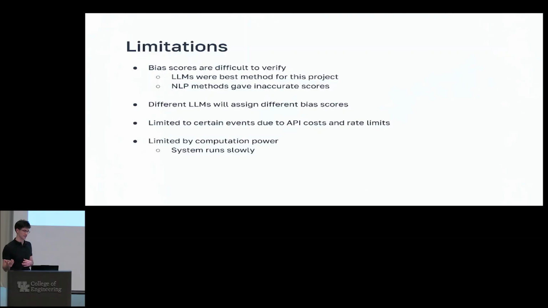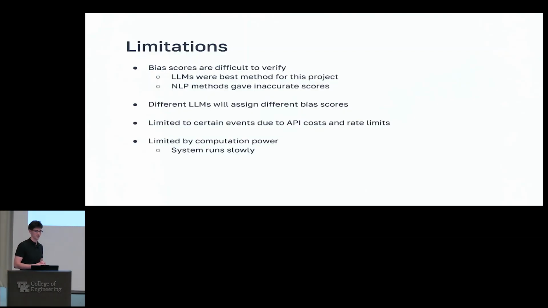If I'm using one LLM, with that specific system prompt and those articles, giving it the exact same task, that's consistent, but if I'm using different models, they could assign different bias scores simply based on how they've been trained. That's another limitation of the project.